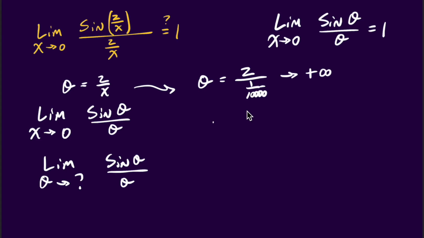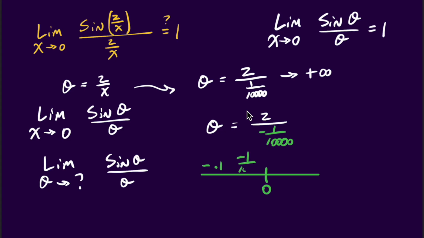And if you want to look at what happens if x is approaching 0 from the left, then you're going to have 2 over a very, very small negative number, let's call it negative 1/1000th. As you approach 0 from the left, here you're at negative 1 over 10, now you're at negative 1 over 100, negative 1 over 1,000,000.